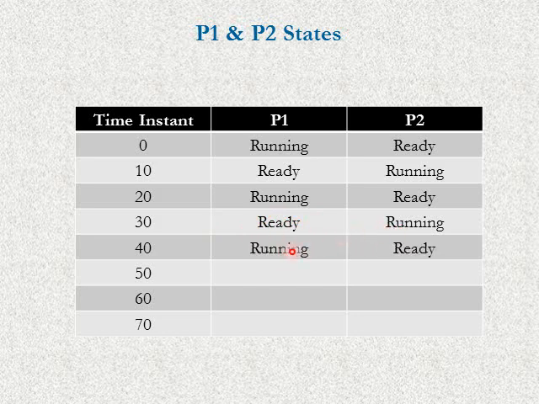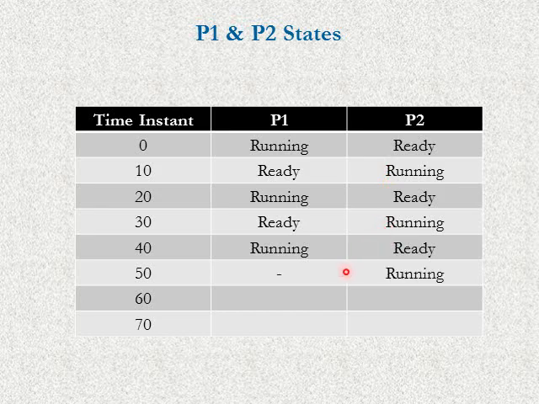From 40 to 49, you can see that P1 has completed its execution, all the 30 seconds that it required, while P2 has only elapsed 20 seconds of its execution, and because it required 50 seconds to complete, still 30 seconds are left.